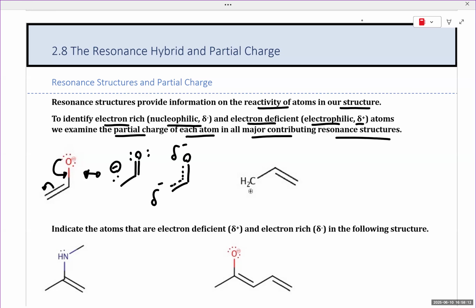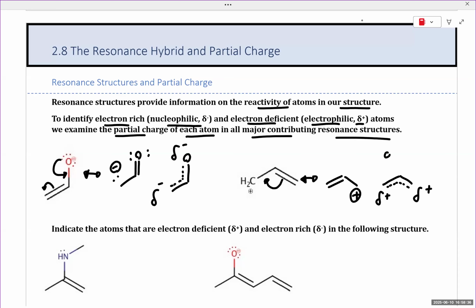Likewise, for cations, we can draw a valid resonance structure for the following cation. And as we can see in our actual structure, each of these two carbon atoms have a positive charge in one or more of our major contributing resonance structures.